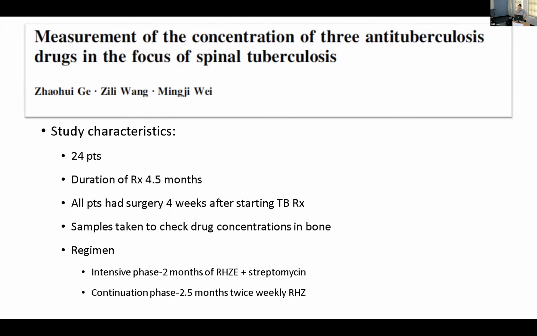Importantly, every patient out of all 24 patients had surgery done at 4 weeks after starting TB treatment, and they took samples from the bone to check what the drug concentrations were of the various drugs. The intensive phase was 2 months of RAZE, so that's our RIFA4, plus streptomycin, and then they went on to a continuation phase of 2.5 months with twice weekly rifampicin, isoniazid, and PZA.